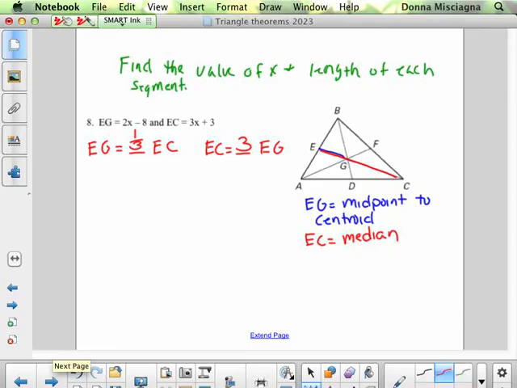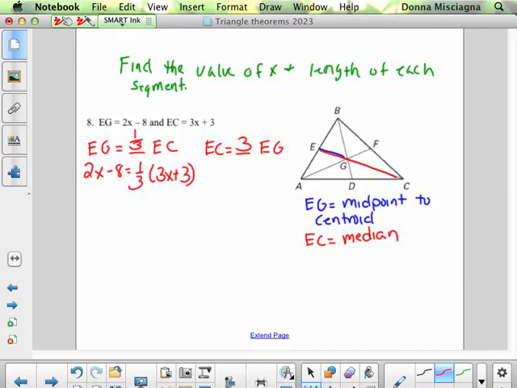All right. I think I know which one's going to look easier, but let's go ahead and write it down. Actually, it's not going to make much difference here either. But I'm only going to solve one of them. 2x minus 8 equals 1/3 times 3x plus 3. Now, this one I would have thought would be the harder one because you'd have to distribute the 1/3. But since 3x and 3 are both divisible by 3, that's really not that bad.